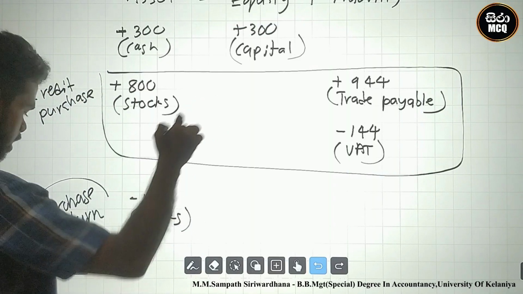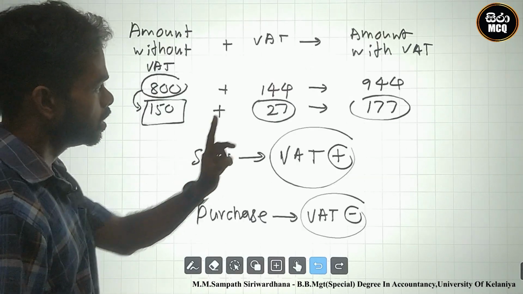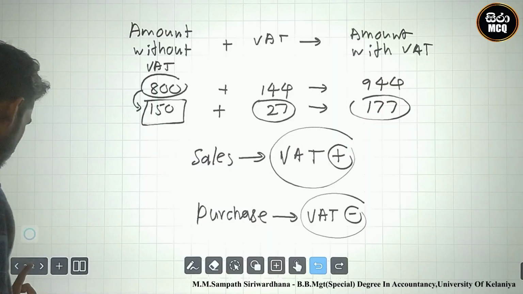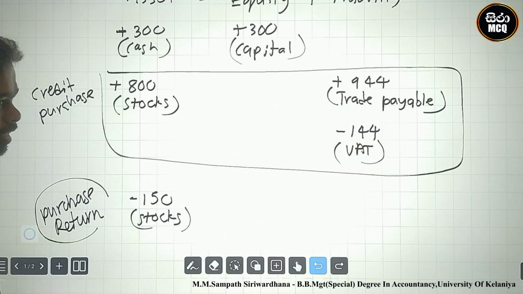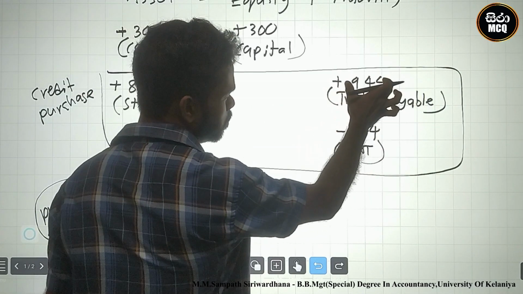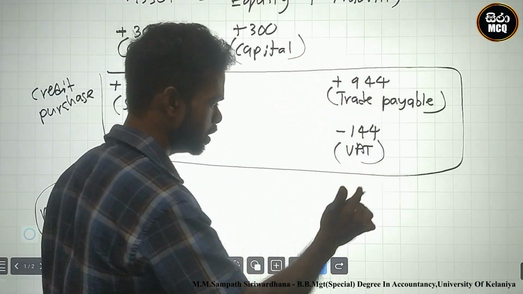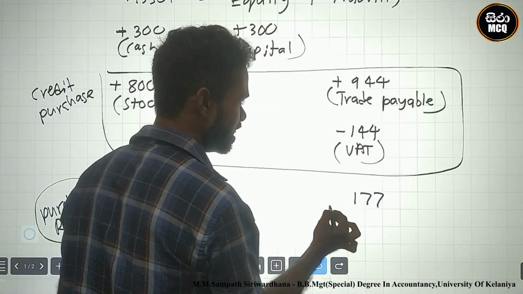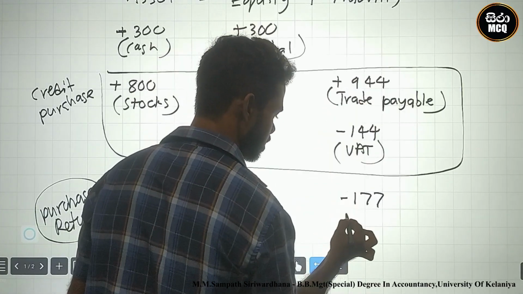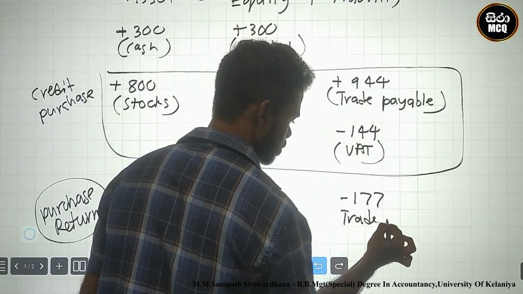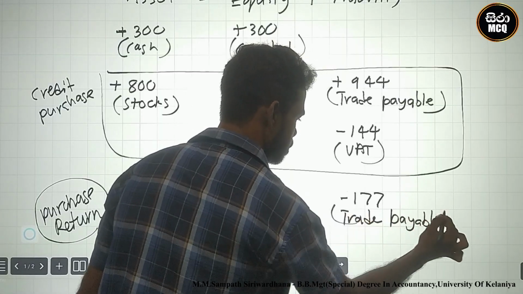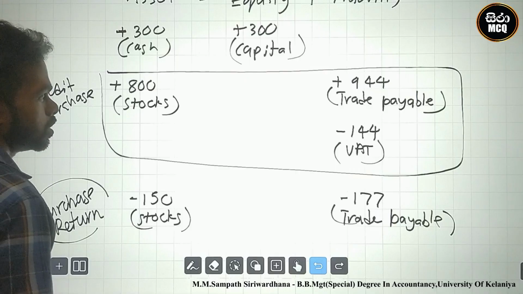After that, 944 is related to trade payable, and 177 is related to this. Therefore, this is the plus, this is the minus, trade payable. After that, what is the VAT amount?